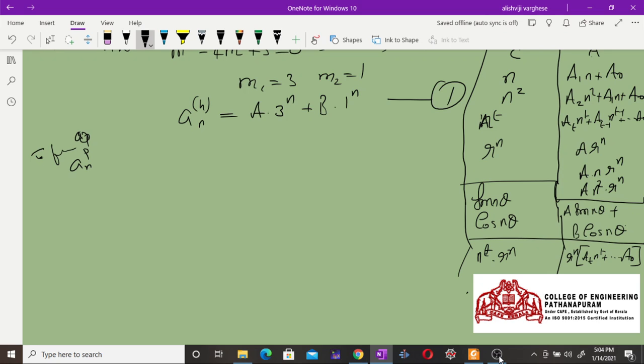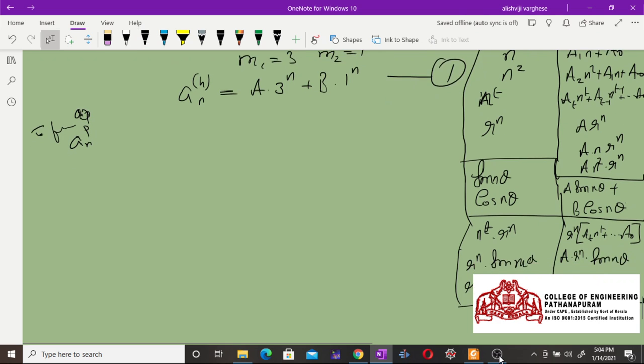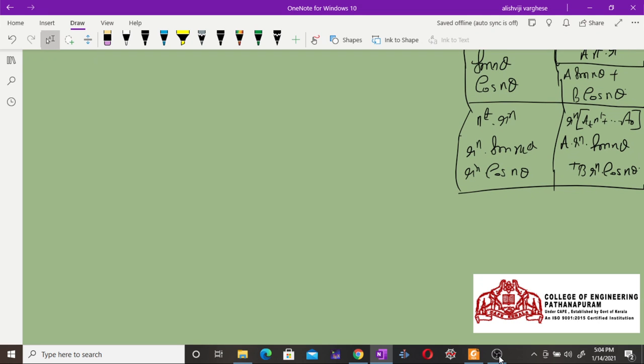Then if we have something like r raised to n into sine n theta or r raised to n into cos n theta, then the trial solution is of the form a into r raised to n into sine n theta plus b into r raised to n into cos n theta. So these are some standard forms using which we can find the particular solution.